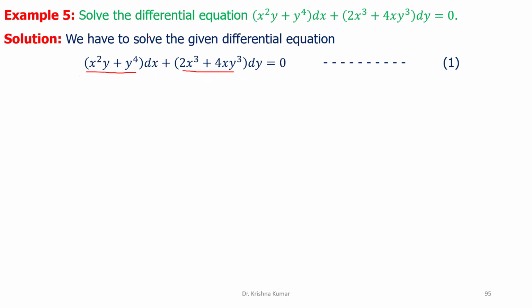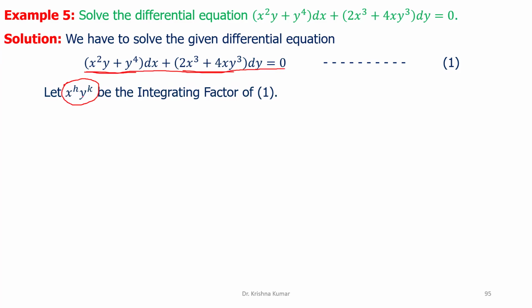In rule number 5, we put x^h y^k as the integrating factor of equation number 1. Since x^h y^k is an integrating factor, if we multiply it to the given equation 1, it will be converted into an exact differential equation.